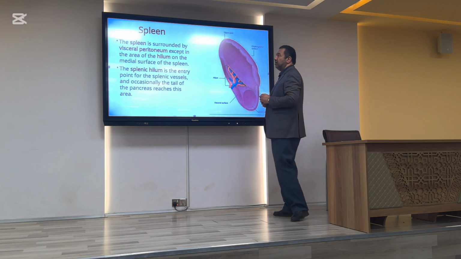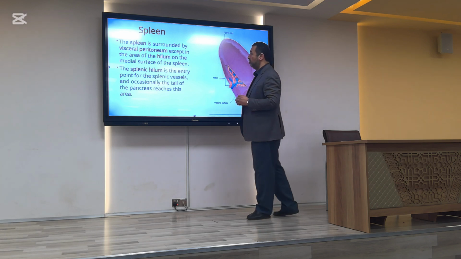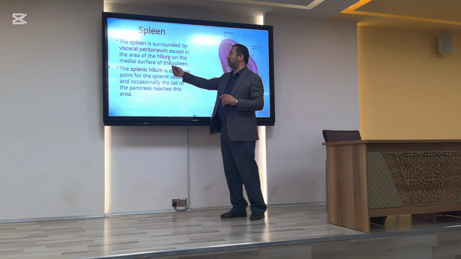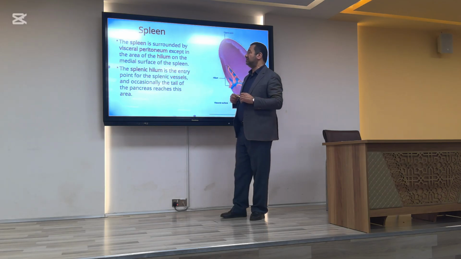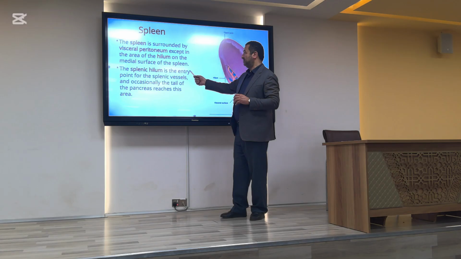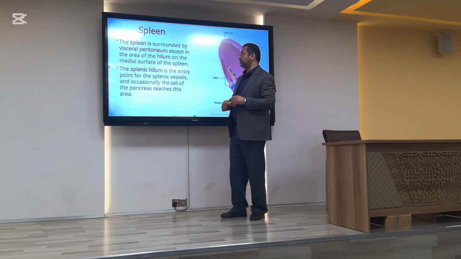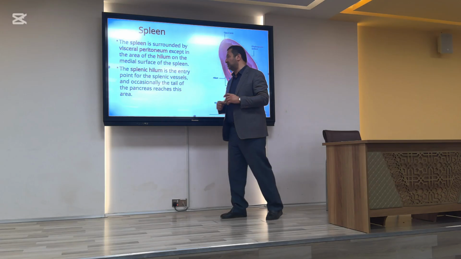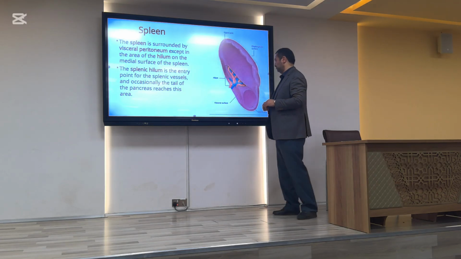The spleen is surrounded by visceral peritoneum except in the area of the hilum on the medial surface of the spleen. The splenic hilum is the entry point for the splenic vessels, and occasionally the tail of the pancreas reaches this area.